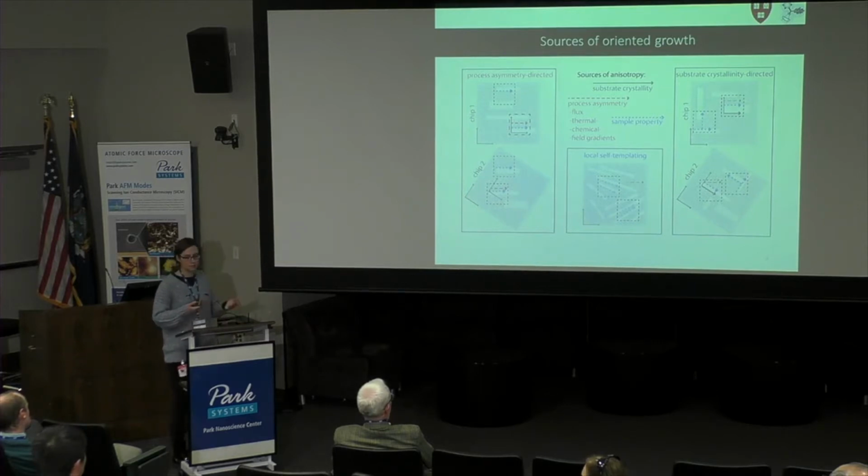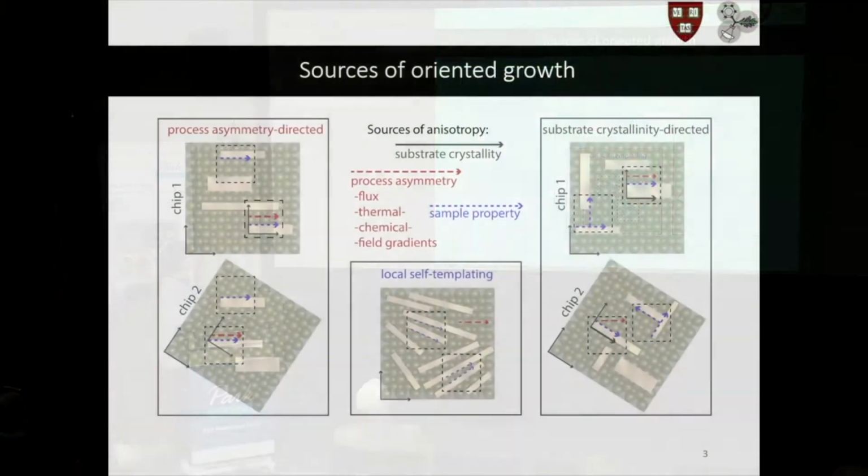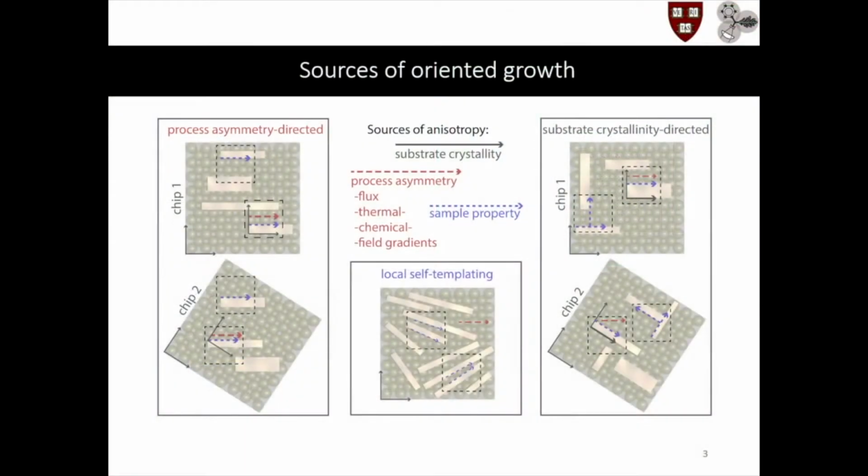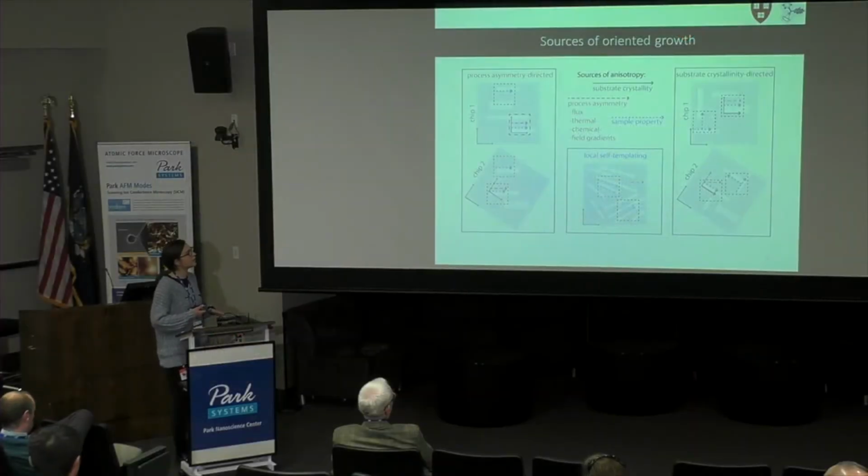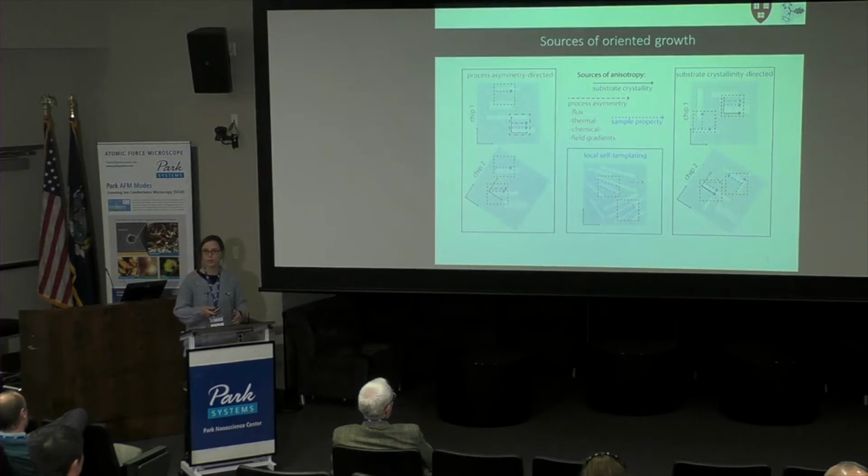We can also have preferred orientations due to some asymmetry in the growth process, for example, the flux of the deposited material. And finally, we have our epitaxial oriented growth due to epitaxy, where the direction of the growth of our crystallites is dependent on the substrate orientation.